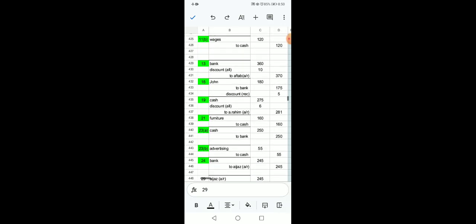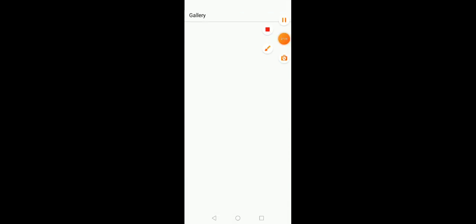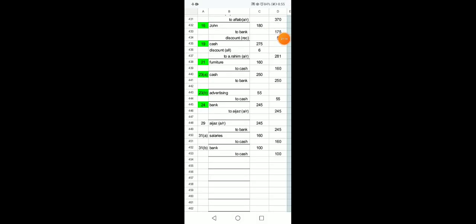Okay, there is a doubt how 245 and 245 are the same amount for two different entries, 24 and 29. Let's check it out. Here is 24 and 29. Let's check the question.